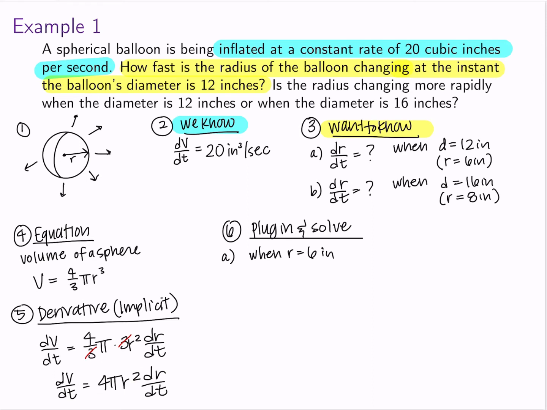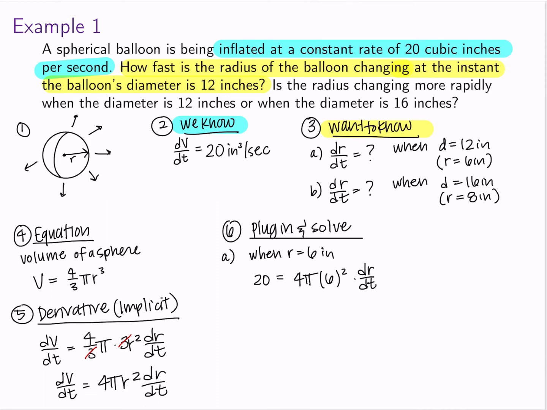I'm just going to plug in from left to right. So dV/dt is 20 equals 4 times pi. Now I need r squared, so that's 6 squared times dr/dt. And remember, dr/dt is what I'm looking for, so I don't know what that is yet. So I'll just leave it as dr/dt and solve for it.